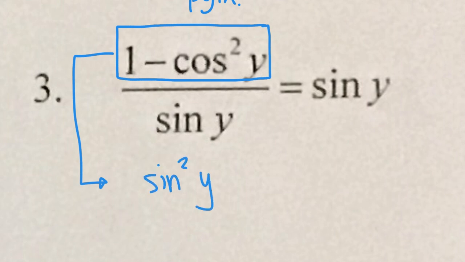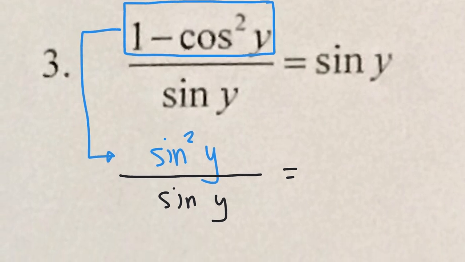That comes from cosine squared plus sine squared equals 1, so it is a manipulation of that Pythagorean identity. So we get sine squared over sine. And then our brains need to think, what does it mean to square something?